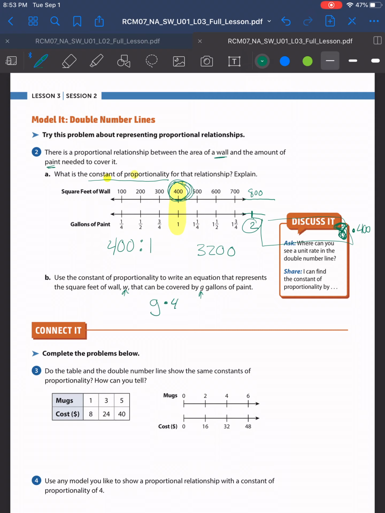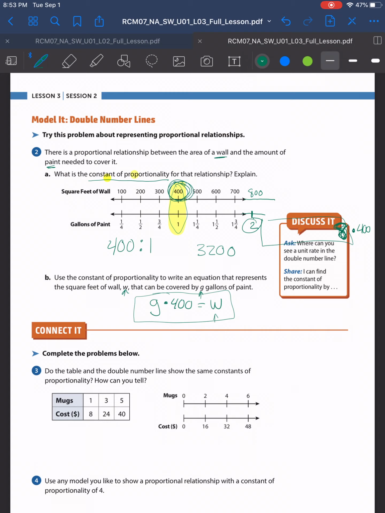You times it by 400, and that's how you will find how much wall, W. Basically, we're just solving these problems by first finding the unit rate, and then we can make really cool equations. These equations are like keys. It's a key to finding any number of wall area I want.